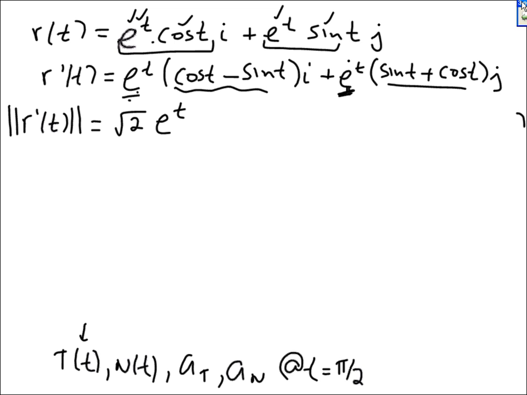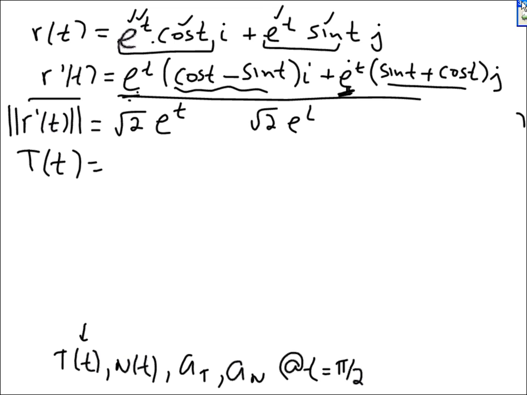Now, to find T of t, we just divide those two lines. So what you get is this whole thing divided by the square root of 2 times e to the t.